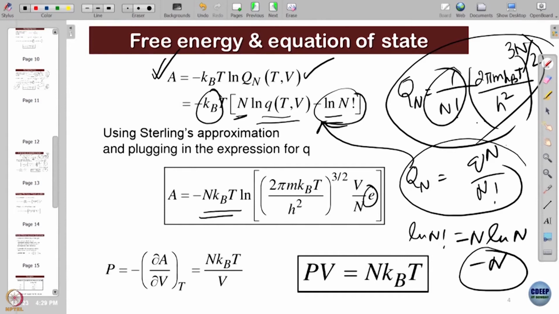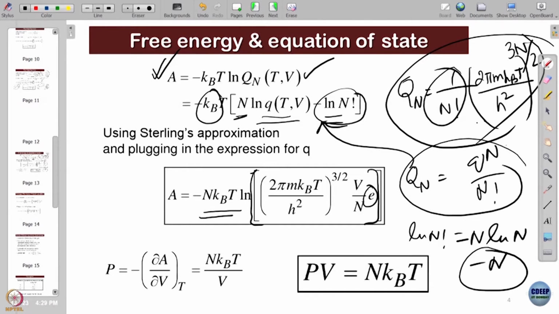This is multiplied by the whole thing here, v by n, because they separated out ln v. This comes from these things. You can just work it out, the basic things which you will find will work out fine.